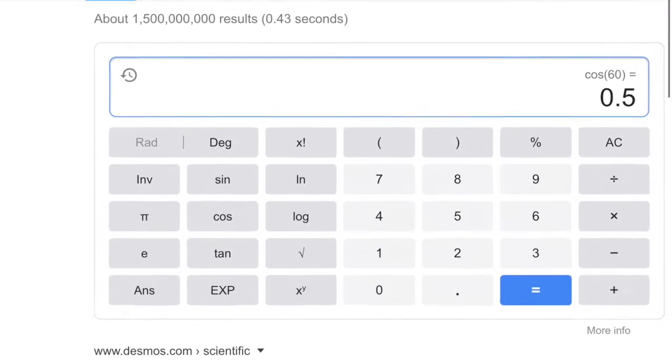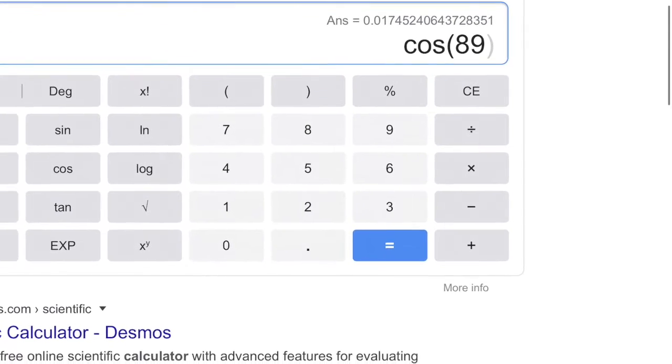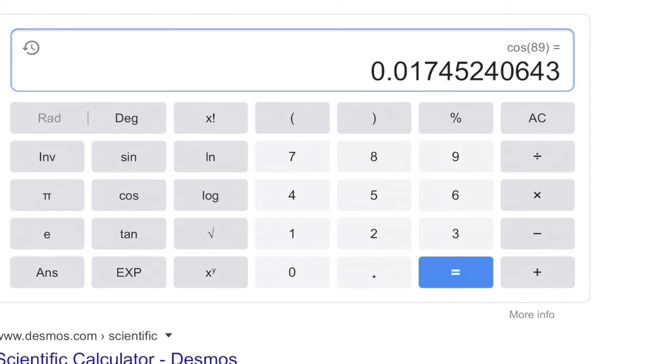If you don't trust it, try a couple more. Try sine of 0, which is 0, and then cosine of 90, which is 0, right? Those are the easiest two because they add up to 90. How about sine of 1 and cosine of 89? Oh, those are the same.